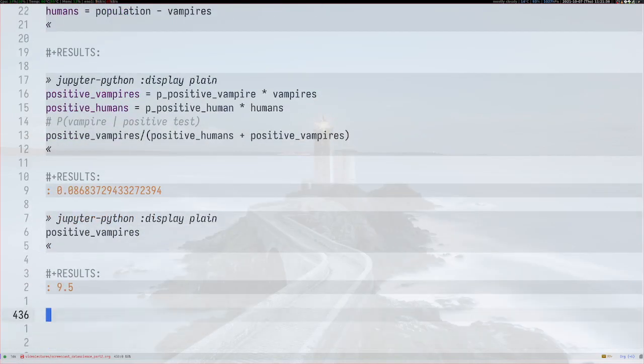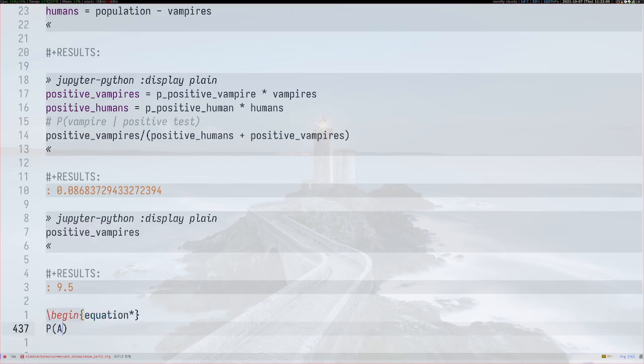What we use here is what's called Bayes equation. So let's use a bit of LaTeX. Begin equation.